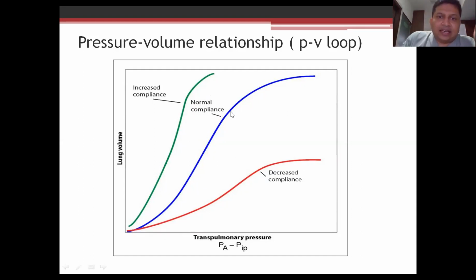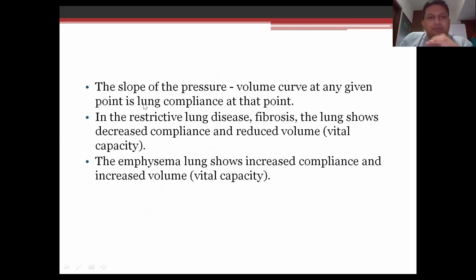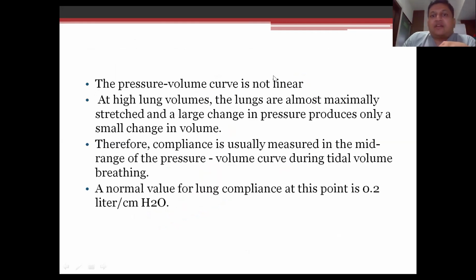Another thing you can see is that up to this mark there is a linear relationship, and after that, in the upper part, the curve flattens. The pressure-volume relationship is not linear. At high lung volume, the lungs are almost maximally stretched, so the compliance decreases.